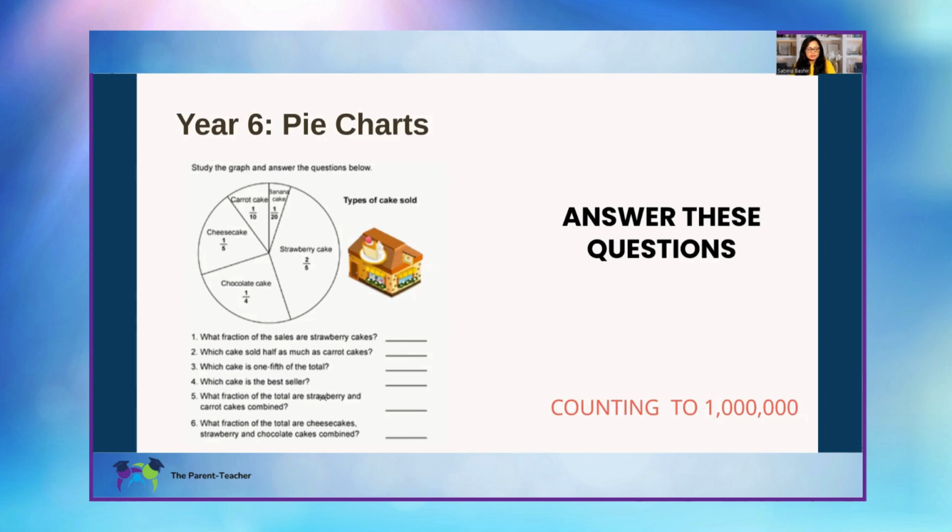What fraction of the total are strawberry and carrot cakes combined? They would need to be able to add up the strawberry and the carrot. So 1/10 add the 2/5. So they've got some conversion there where they need to convert the fifths into tenths.